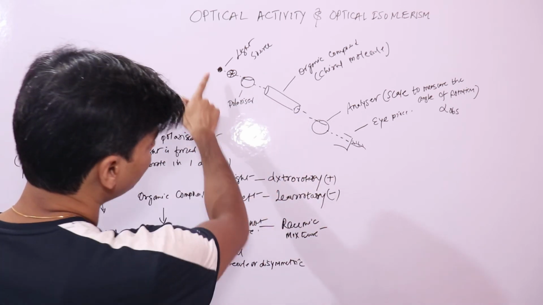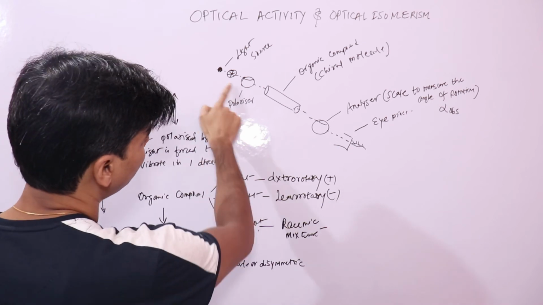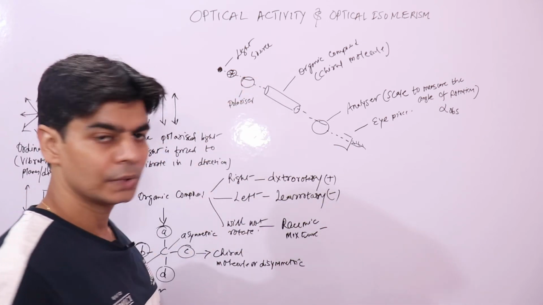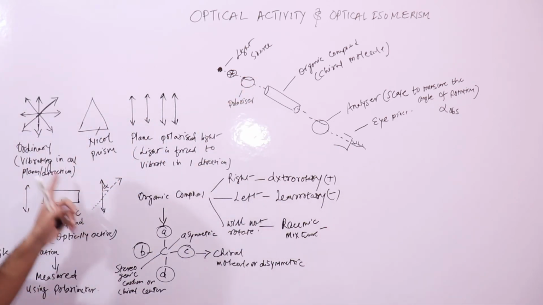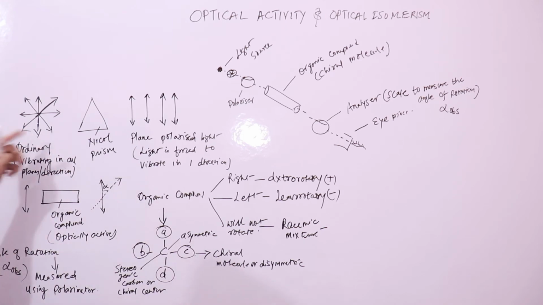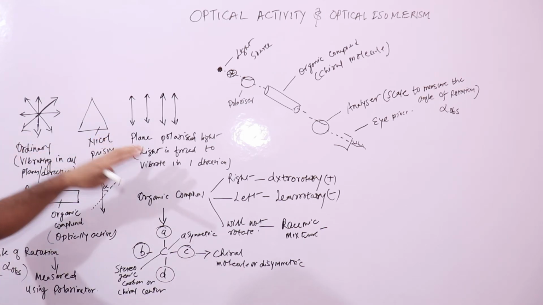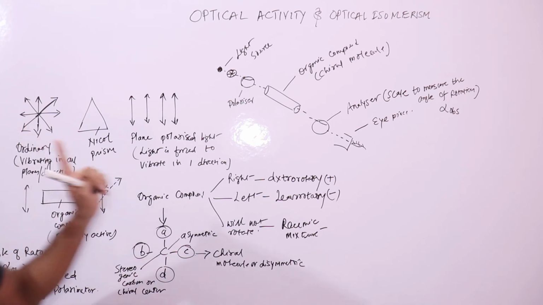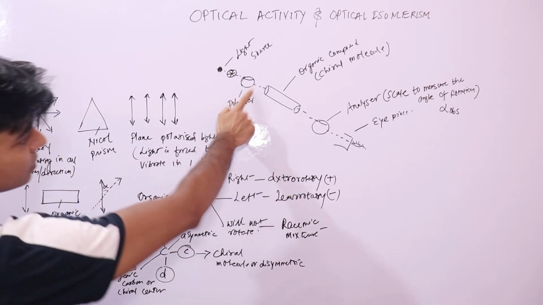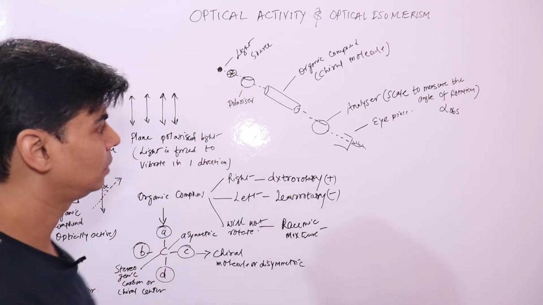When the light passes through this polarizer, it will reflect all the vibrations except one. So the light coming out of this polarizer would be vibrating in one particular direction.